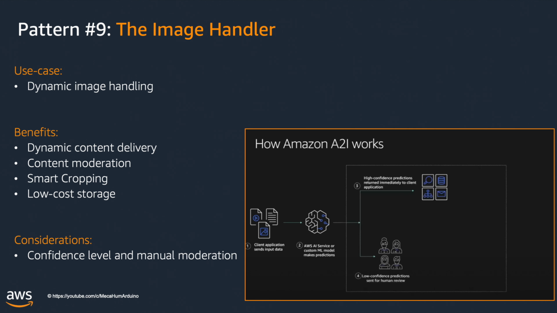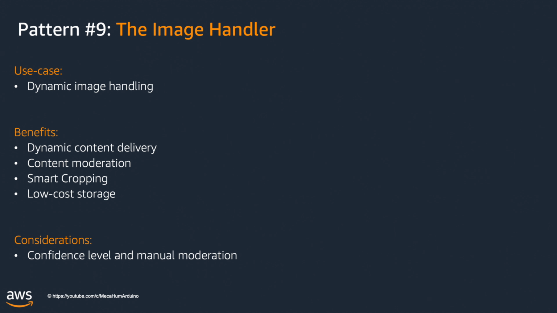If Amazon Rekognition is not 70% or more confident that the uploaded image has inappropriate content, it will automatically generate an email with all required information about the image and send it to the team you set up before. And every time such an interaction occurs, Amazon Rekognition gets one bit smarter by learning your preferences. So in a way, you're also training the algorithm to work according to your own needs. And I'll make sure to include a link in the description for how to get started with Amazon Augmented AI.